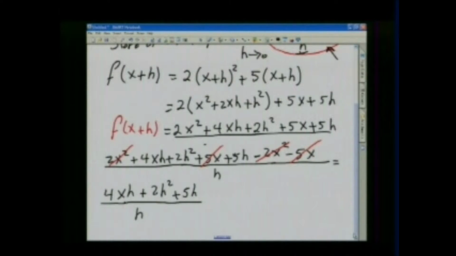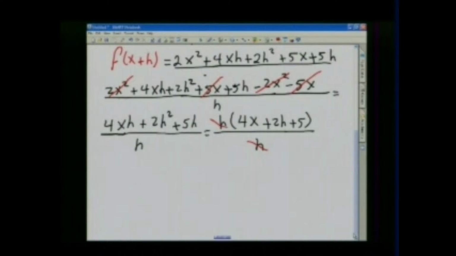All the terms in the numerator have h in them, so you factor out h: h times 4x plus 2h plus 5, divided by h. Now the h in the numerator and the h in the denominator will cancel. Therefore, what you're left with is 4x plus 2h plus 5.